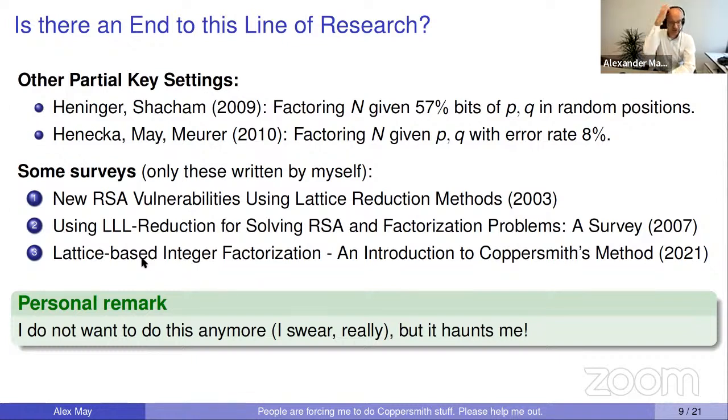I did it for so long. But eventually I ended up writing another survey. So there's a third survey now about this Coppersmith method, and it's actually for beginners. So if you want simple examples about how Coppersmith works, then please read the third one. Okay, so I don't want to do Coppersmith again, but somehow it haunts me. Okay, that's it for RSA and Coppersmith.